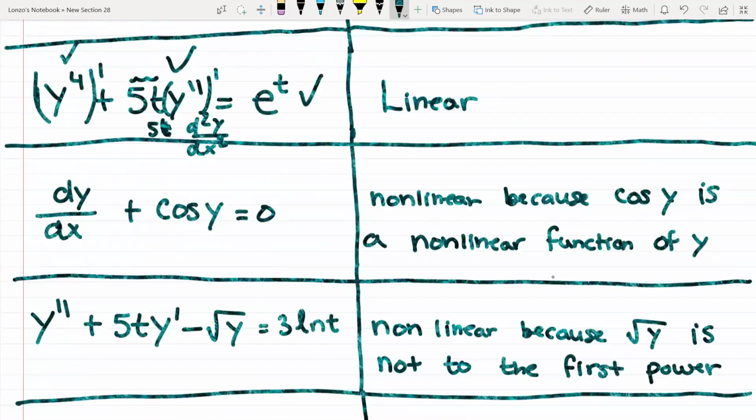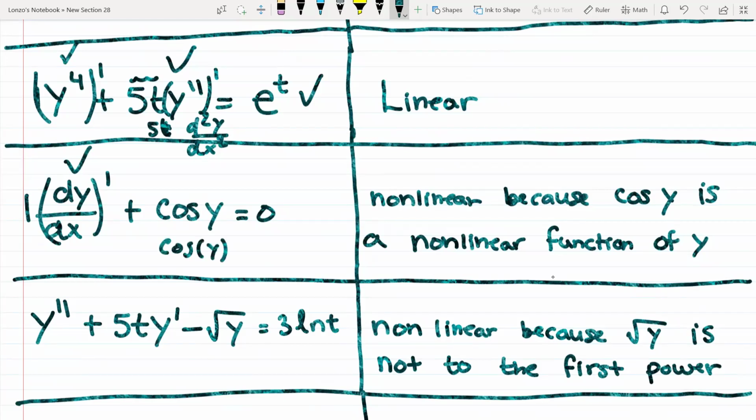Okay, what about this one? Why is this nonlinear? Let's look at each term, dy/dx. This is to the power of 1, and it has a coefficient of 1, so that's fine. This one, cosine of y, why is this not linear? Well, it's a trig function, cosine of y.